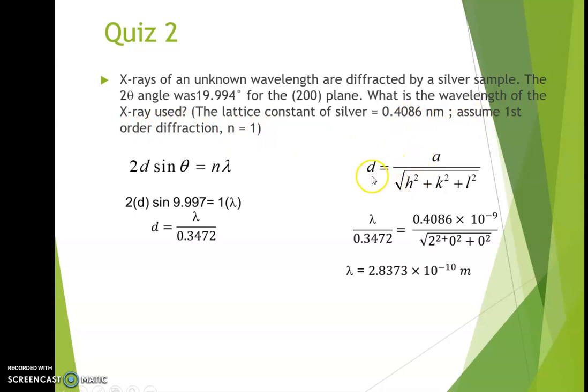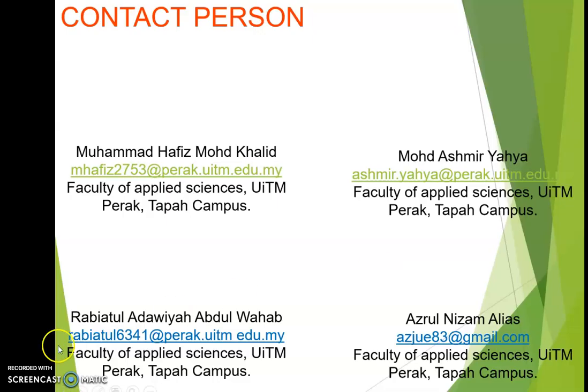We should find d, and then find lambda. Just put in the plane 200. We get 2 squared and 0, we cancel, and we get lambda equal to 2.8 times 10 to the power negative 10. Okay, so that's all.